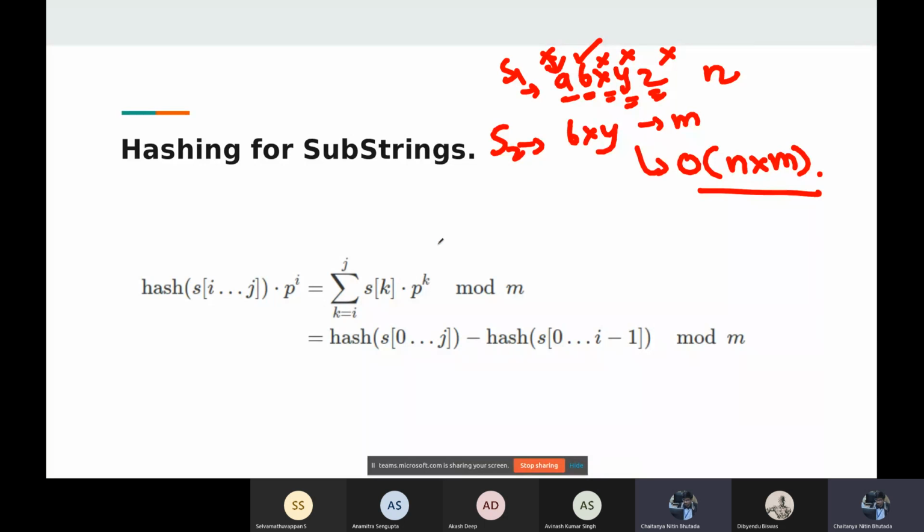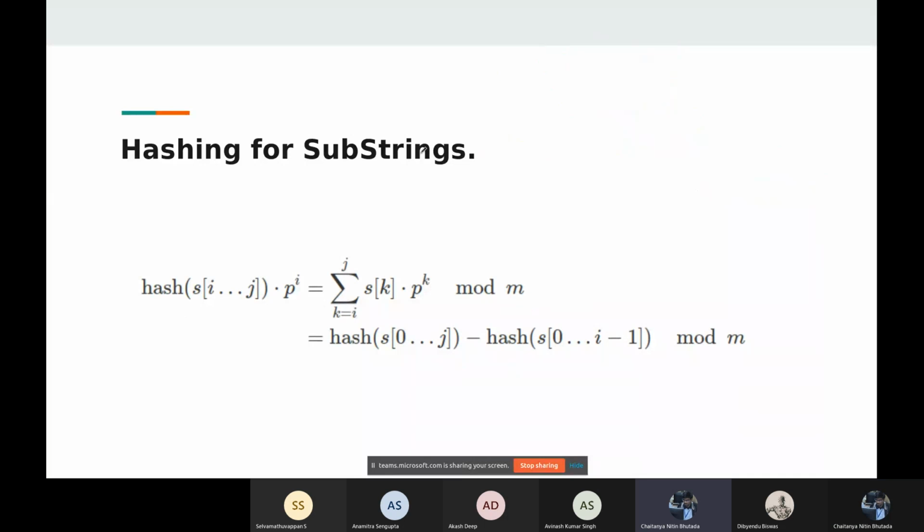So taking a hash of a substring helps in this case.